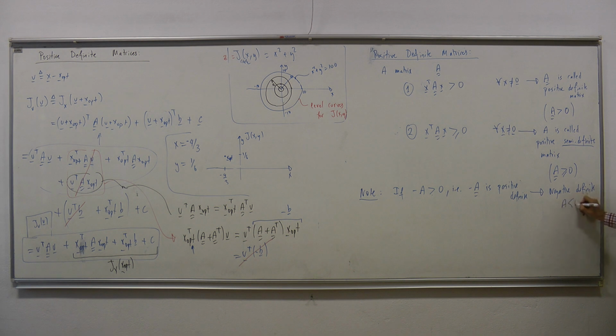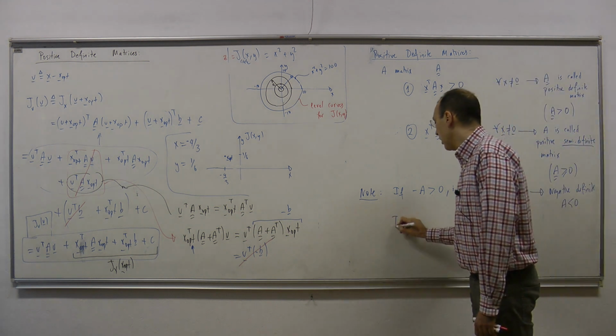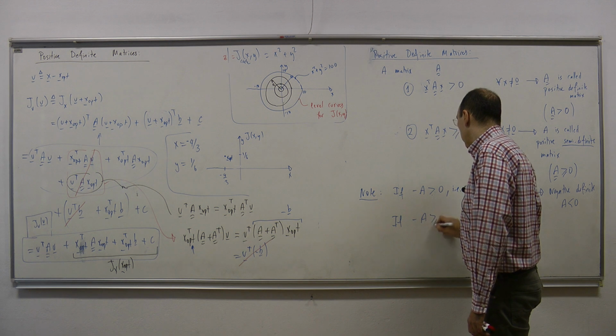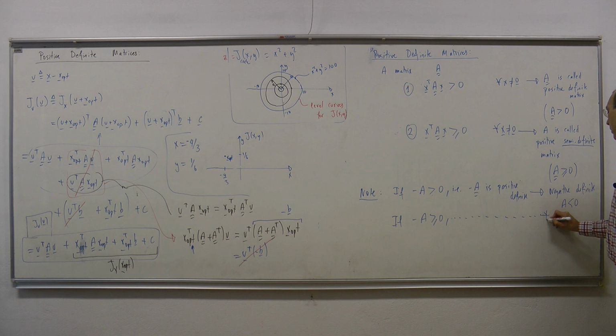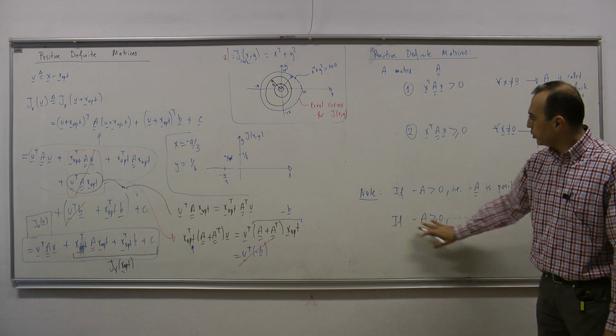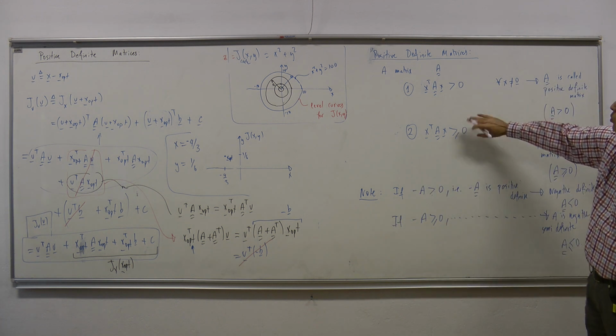And as you can imagine, it becomes a notation like this. If minus A is greater or equal to 0, I think it's clear, then A is negative semi-definite. And A is denoted by this, negative semi-definite. Of course, this negative semi-definite definition is a trivial extension of this 1 and 2.